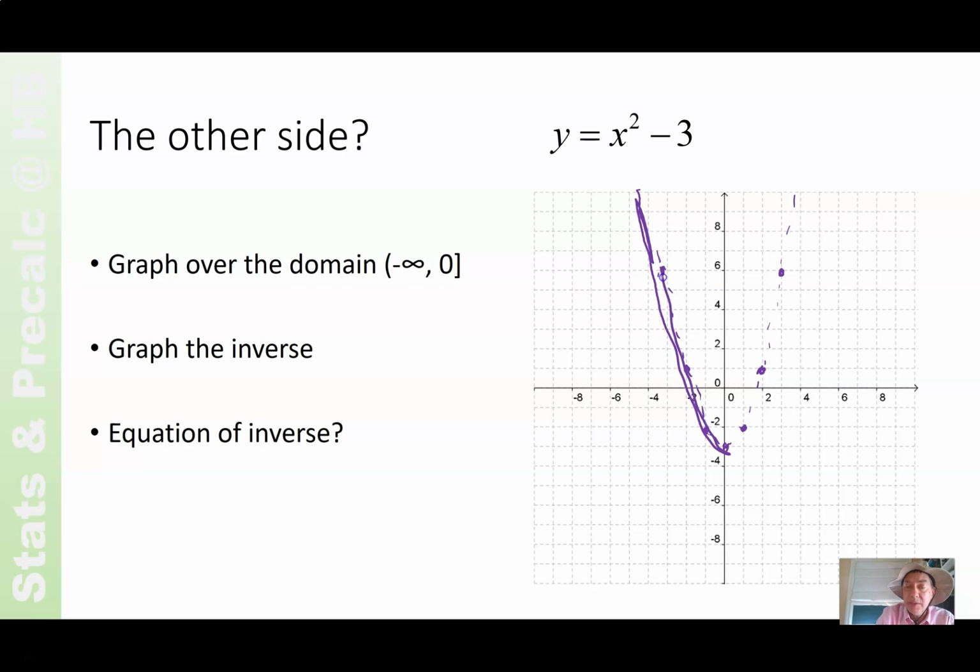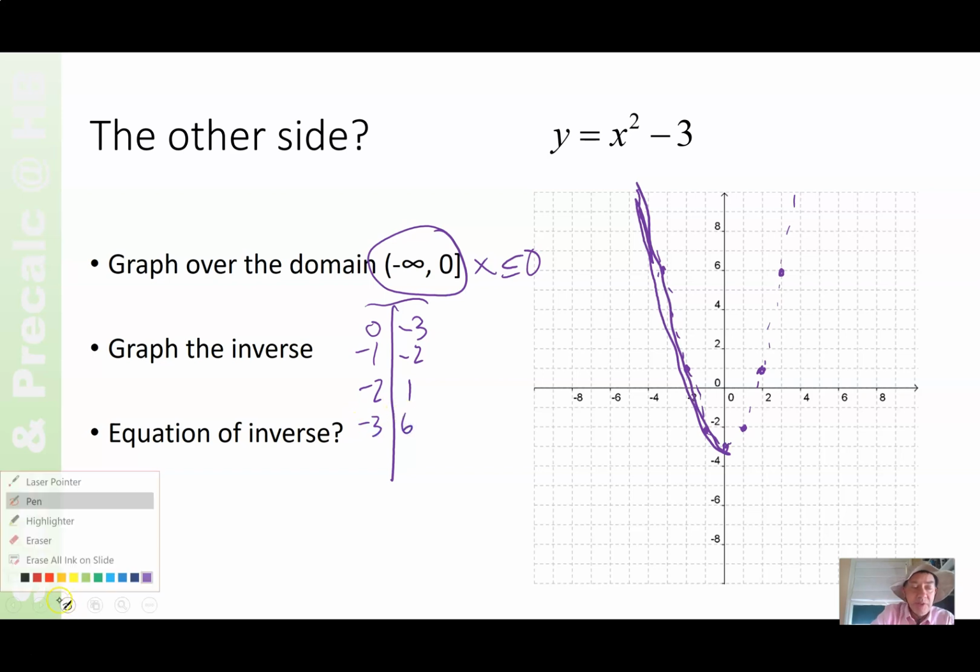We're looking at the places where x is less than or equal to 0. So we're looking at the points (0, negative 3), (negative 1, negative 2), (negative 2, 1), (negative 3, 6).